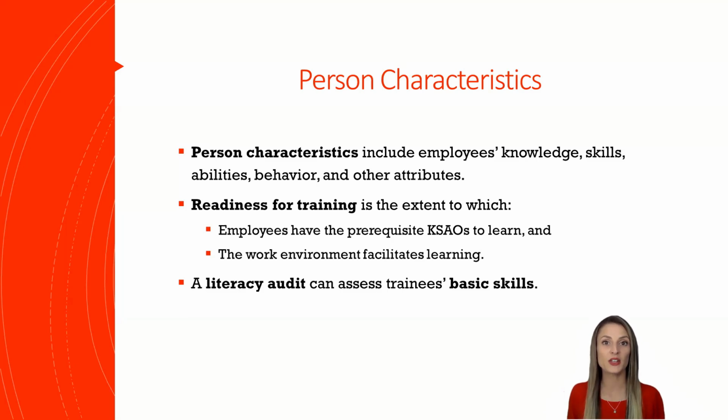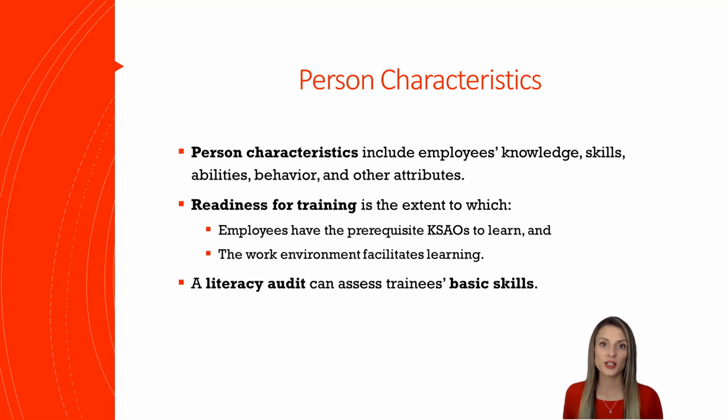But before we pick any solutions, we need to collect information about person characteristics, inputs, outputs, consequences, and feedback. First and foremost, we need to understand potential trainees, their current performance, their current KSAOs, their current behaviors. We refer to their KSAOs as their person characteristics.